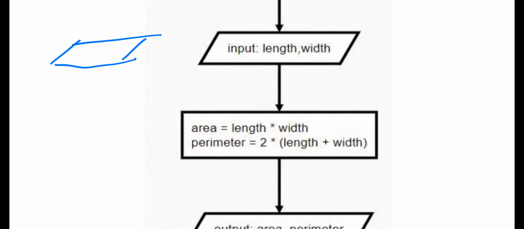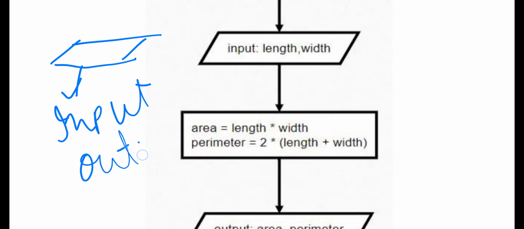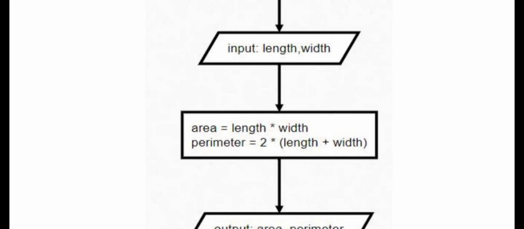So this parallelogram symbol is used for both input as well as output. Remember this. Inside this parallelogram you are going to write input, length and breadth. So this will be the input you are going to give through the keyboard.